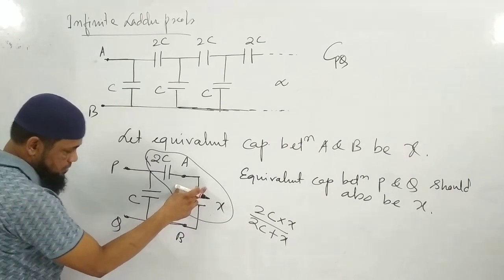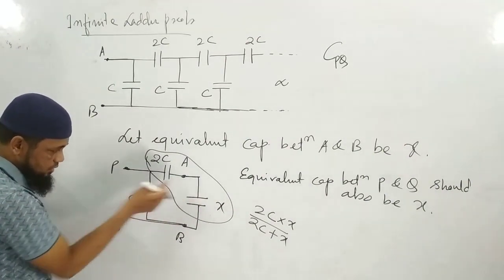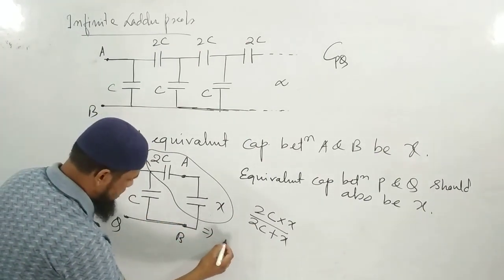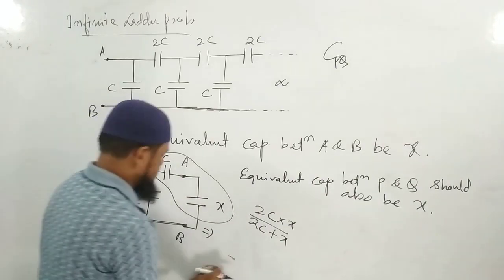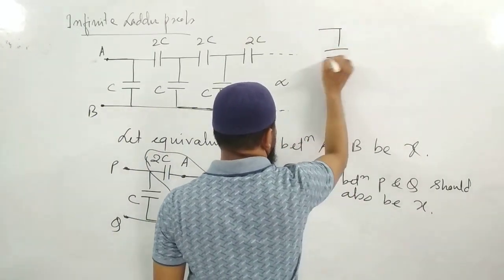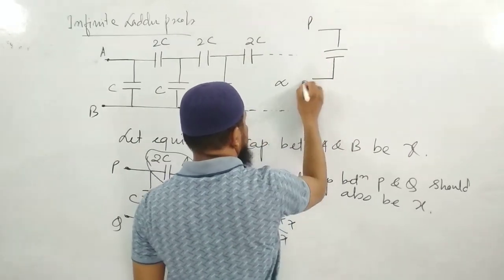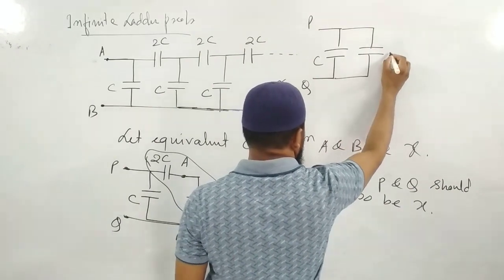Then this particular part is in parallel with this one, so we'll have to add it with this. For example, I have got it like this between P and Q. That is C. And on this side, how much is that?